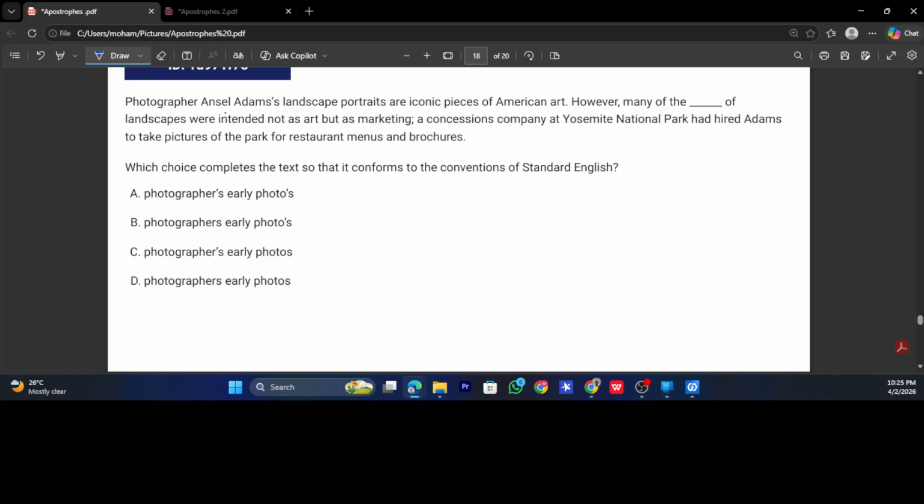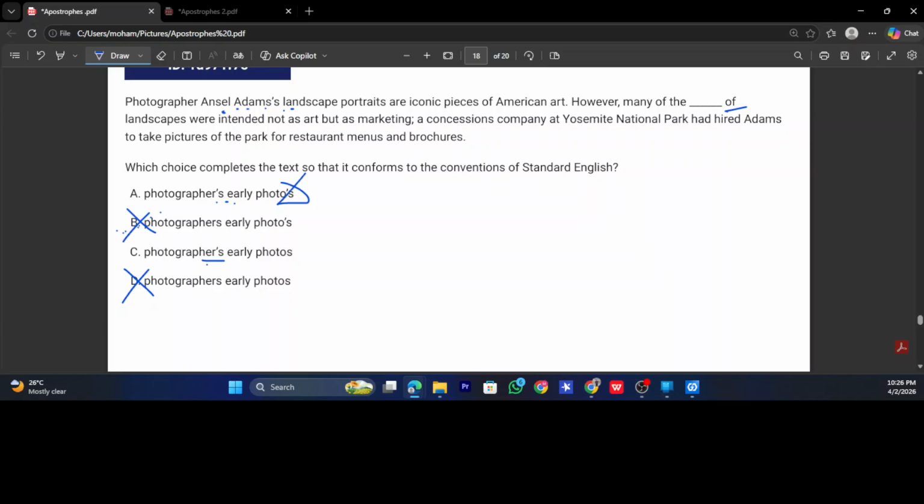So Adams is a singular person. So you need a singular possessive. Photographers, you don't look at that. So you cross it out first of all. And after that, before of you don't need any apostrophe s.